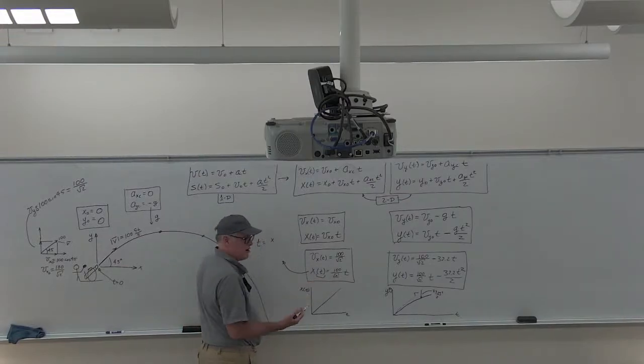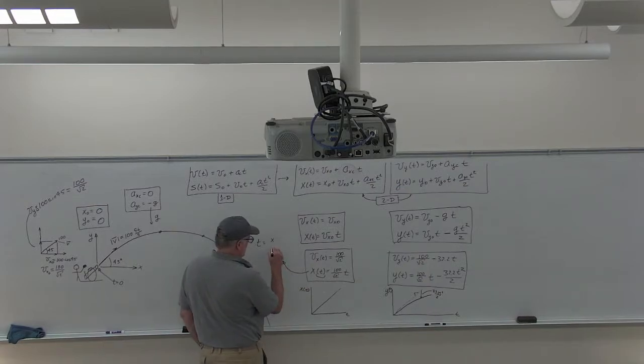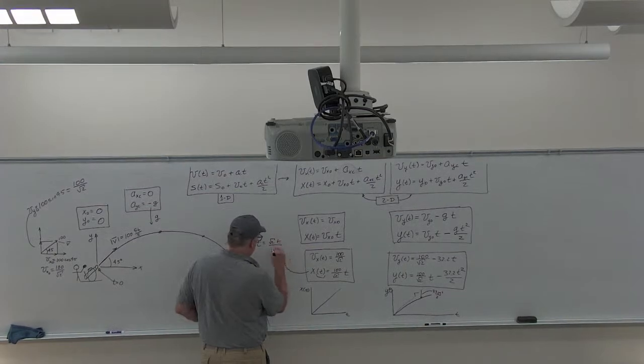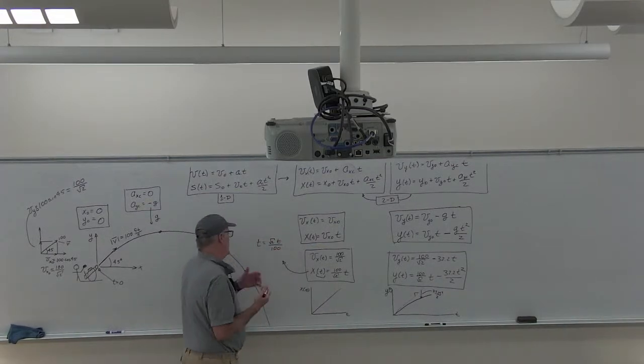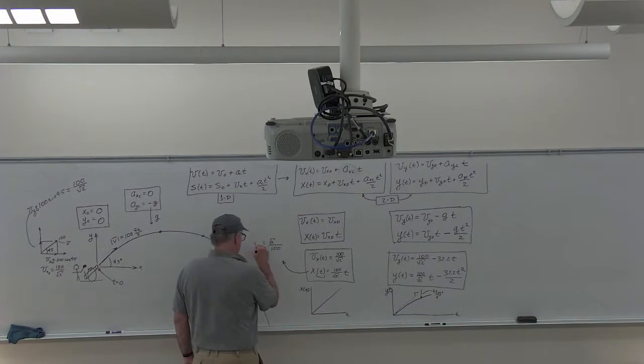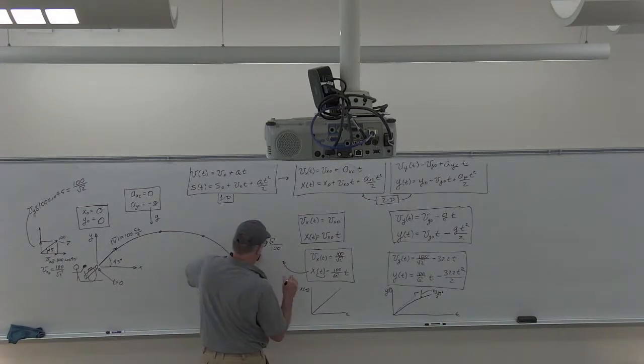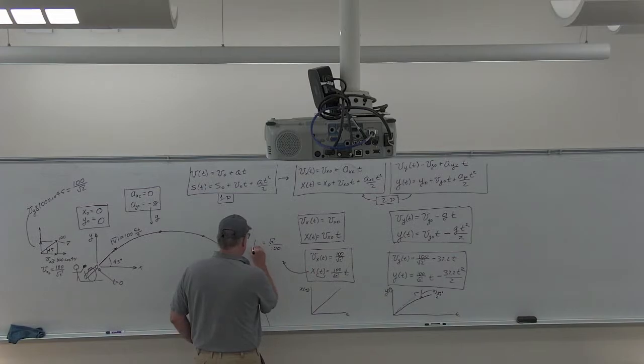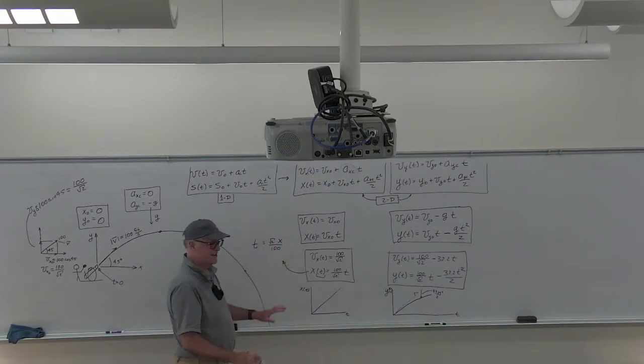It still is there, but I'm dropping it for the moment. So here, t equals square root of 2 x over 100.